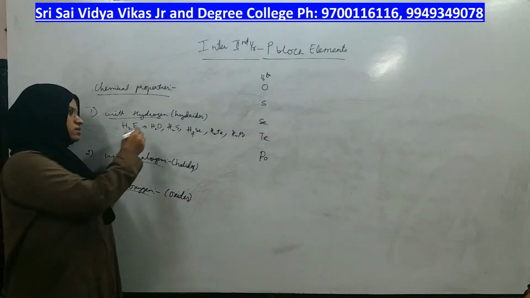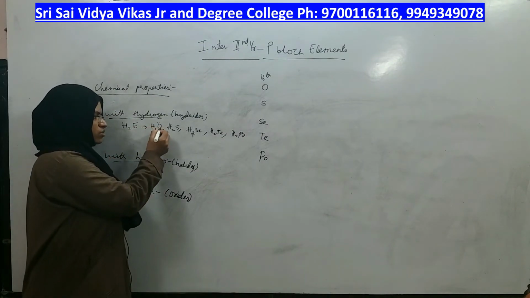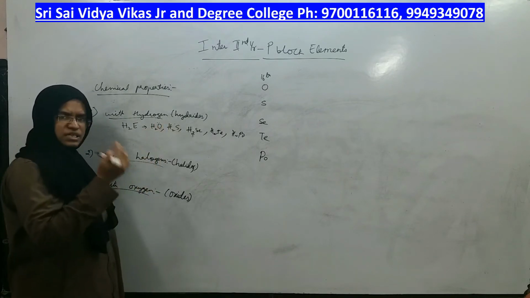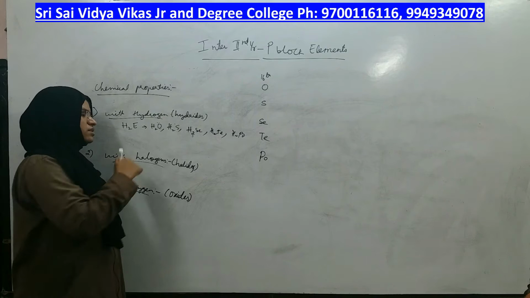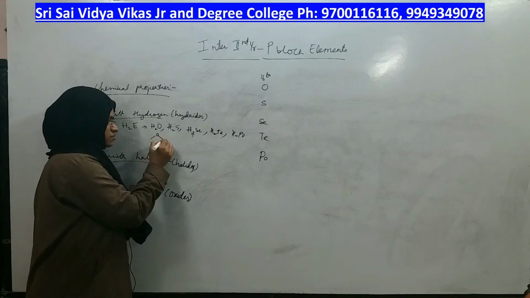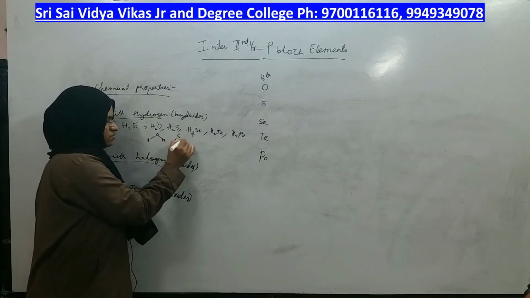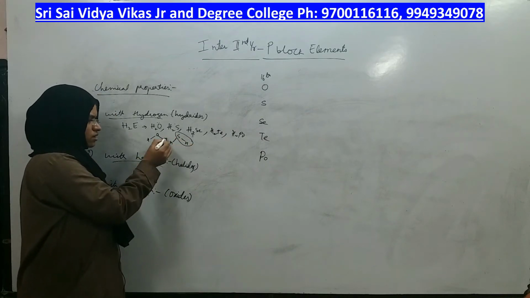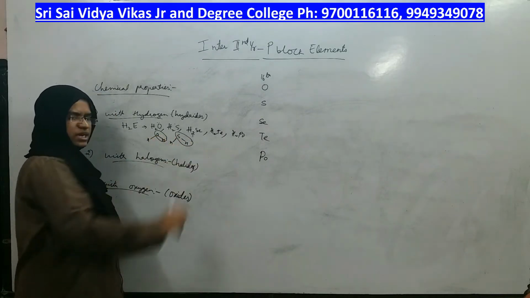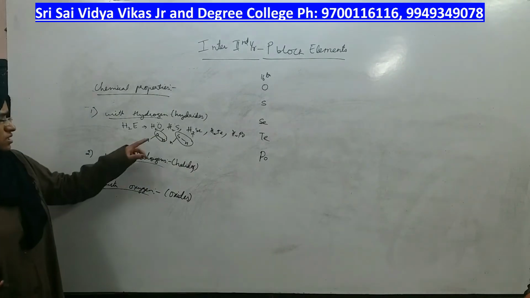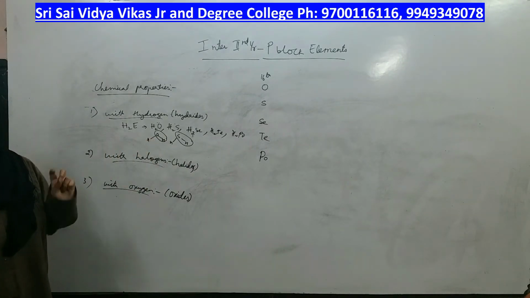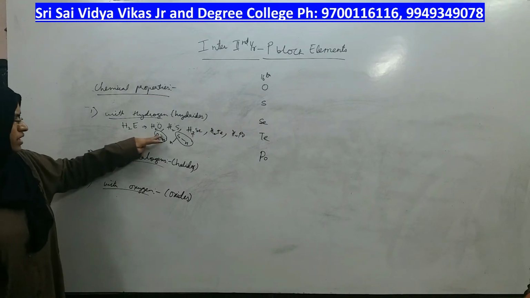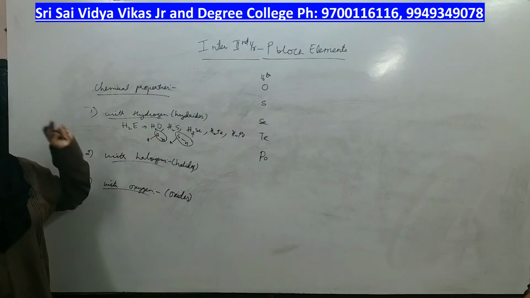Now, oxygen is more electronegative compared to all the others, right? The others are less electronegative than oxygen. Therefore, if you compare the strength of this bond in all the elements, the strength of the O-H bond is very strong and the bond enthalpy to break this bond is high.